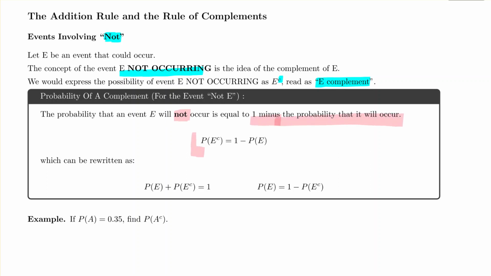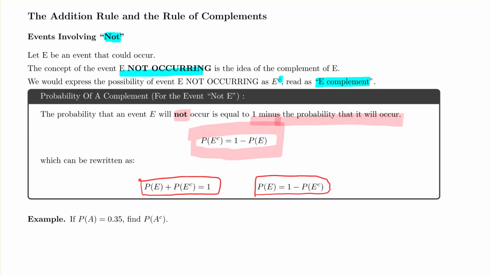So this is the basic idea right here. Probability of E complement equals 1 minus the probability of E, which also can be written as we saw earlier with the Venn diagram, probability of E plus probability of E complement equals 1. And just using algebra, we can also write it as probability of E equals 1 minus probability of E complement. All these three formulas are equivalent.